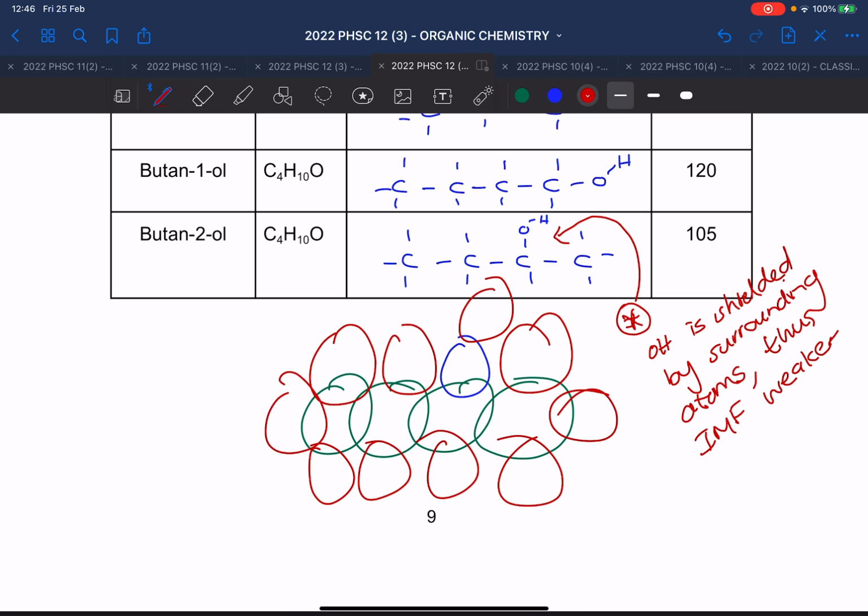If the intermolecular forces are weaker, then something to overcome something.